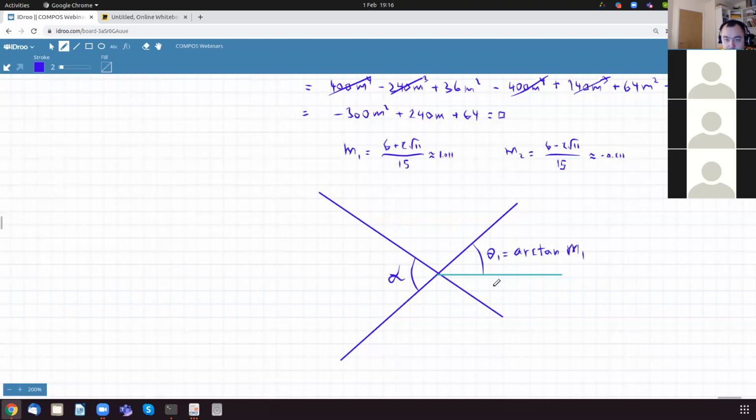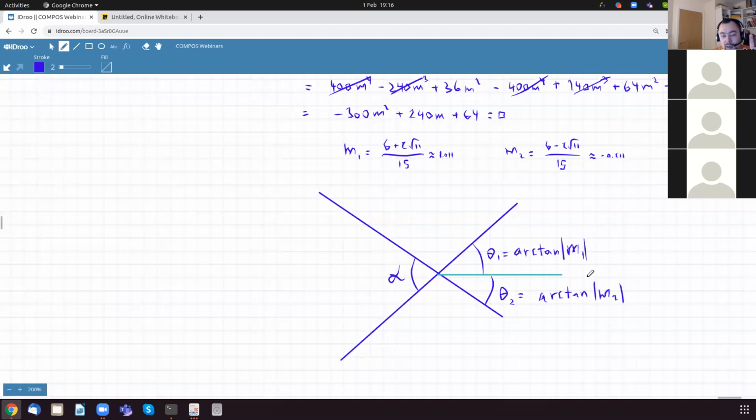Now, we know that this angle, θ2, is going to be arctan of modulus M2. For the sake of simplicity, I'm going to say arctan of modulus M1, arctan of modulus M2.